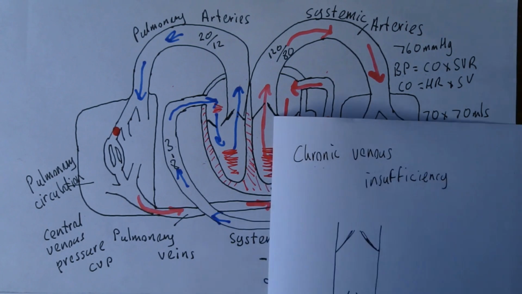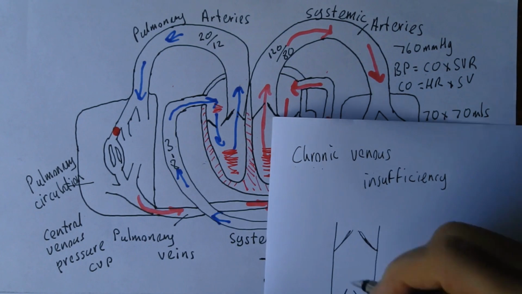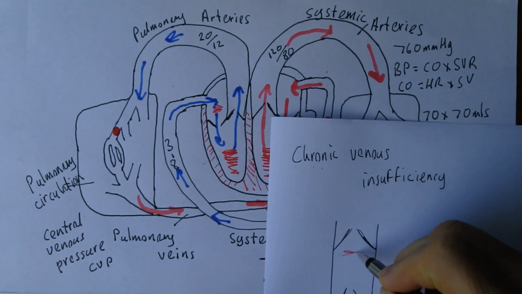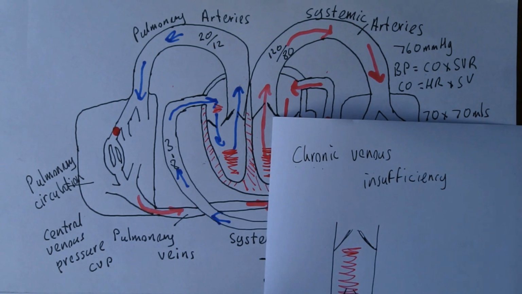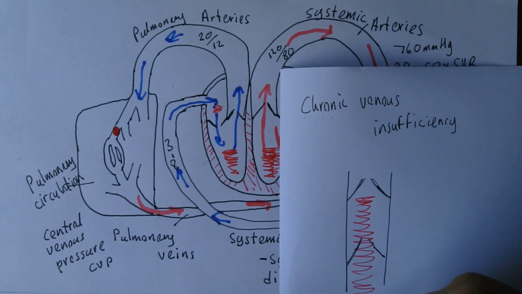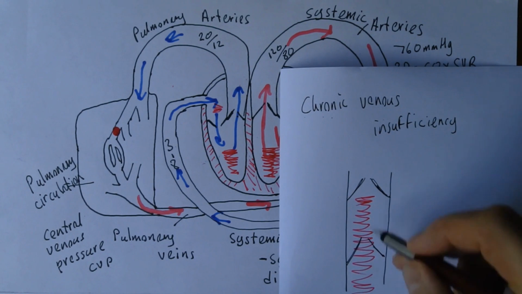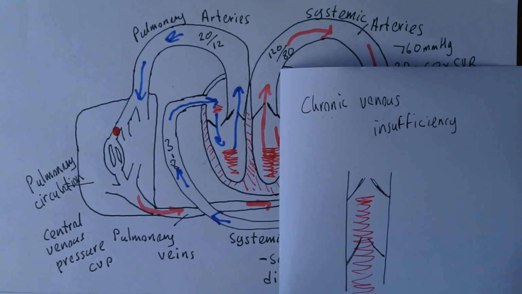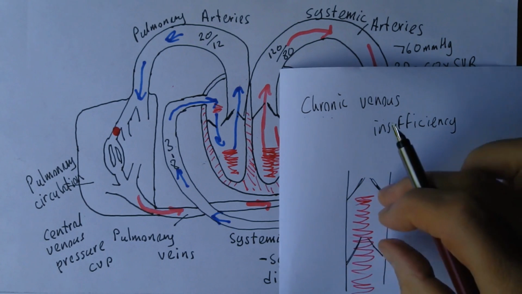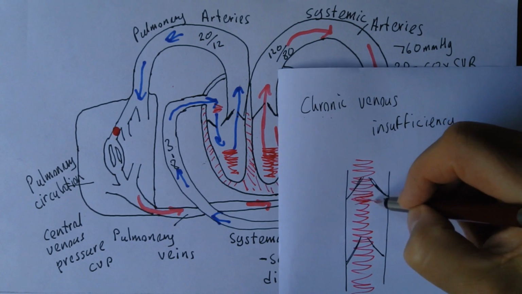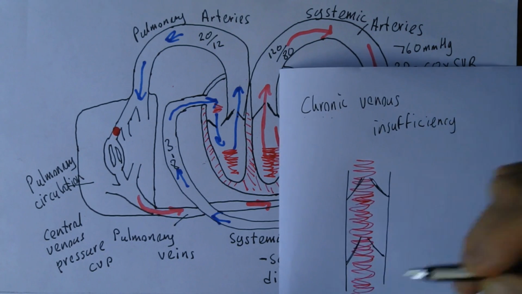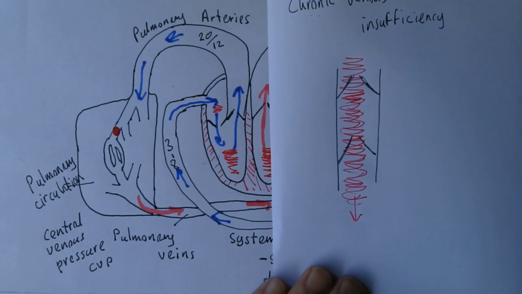If these valves fail, then the blood is going to dam back, forming a column of blood. And the pressure at the bottom of this column of blood is going to be higher than it should be, because instead of having little columns of blood in between the valves, we end up with one big one because the valves have failed.